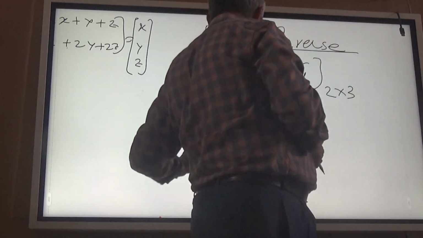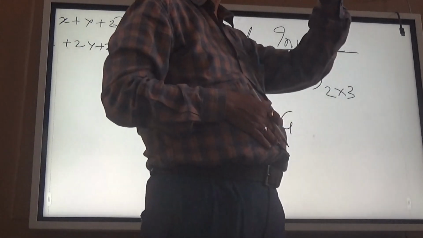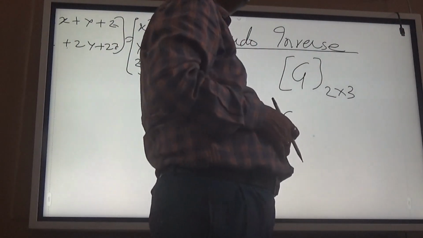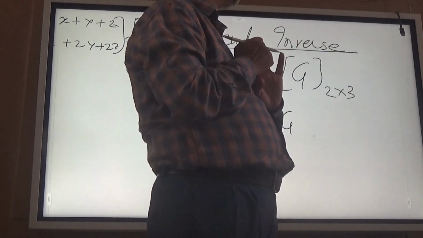If you multiply A into G, the result will be a 3 by 3 matrix. If you multiply G into A, the result will be a 2 by 2 matrix.